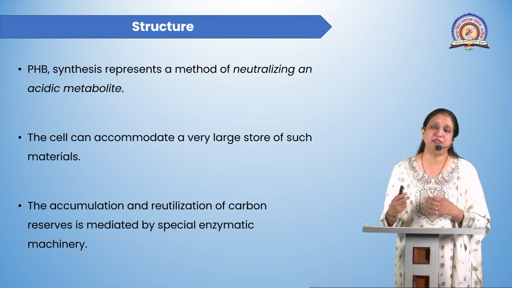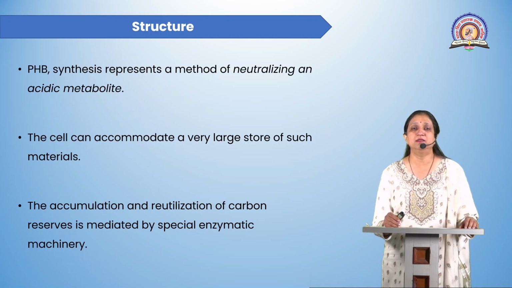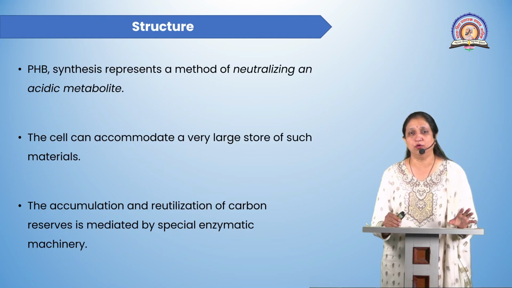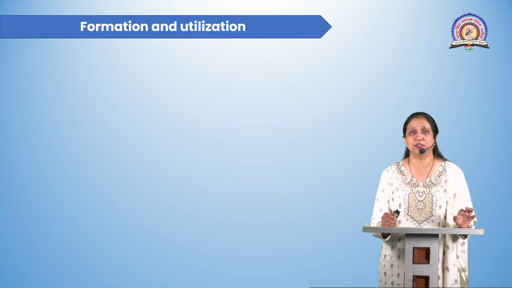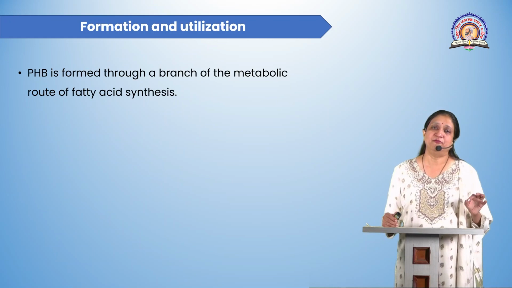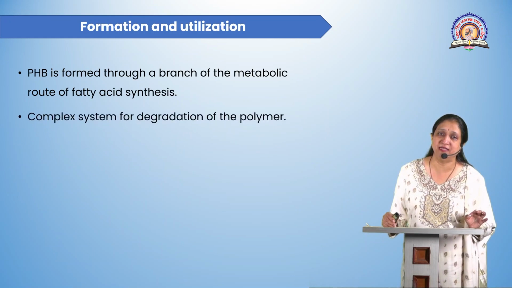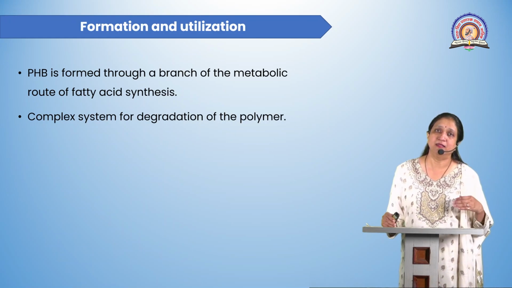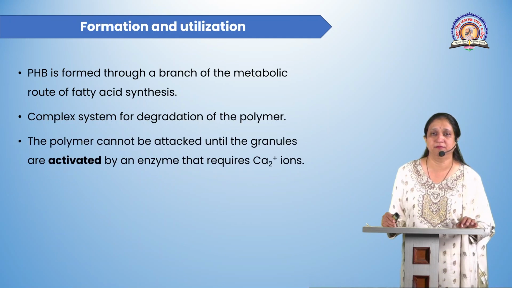The accumulation and reutilization of this carbon reserve is metabolically controlled by enzymatic reactions, and these are highly regulated reactions. So it is formed from the metabolite that is on the route of the synthesis of the fatty acid, and there is a complex system which is used for the degradation of this polymer.